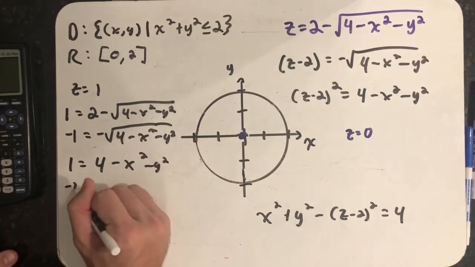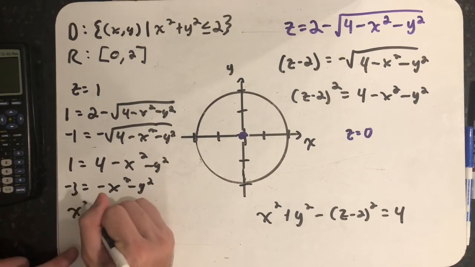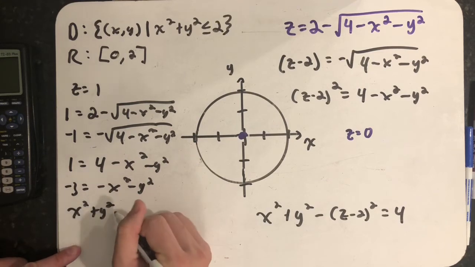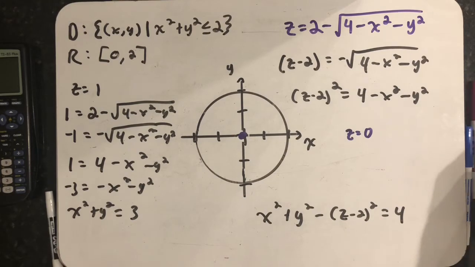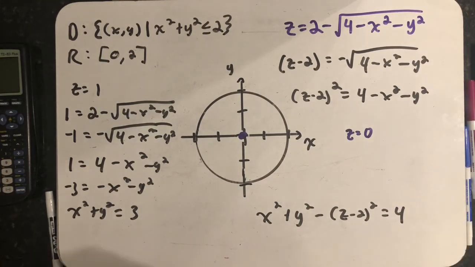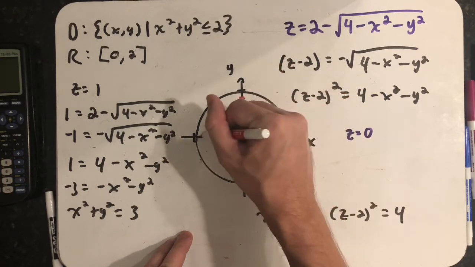Take 4 away from both sides. And what I have here is the equation of a circle with a radius of the square root of 3 centered at the origin. The square root of 3 is about 1.7, so something like here.